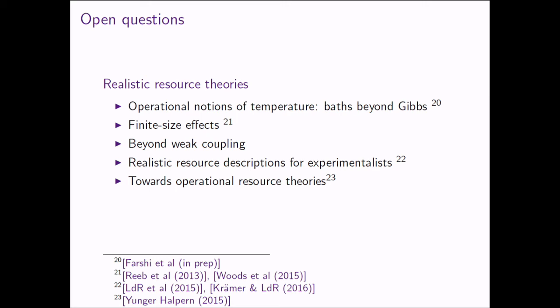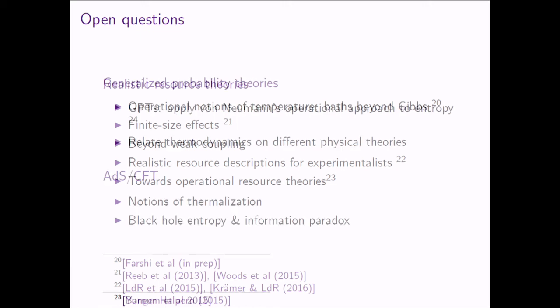So the general message of this section of open questions is: go talk to experimentalists and ask them what is important for them, and then build your models from there, not the other way around.